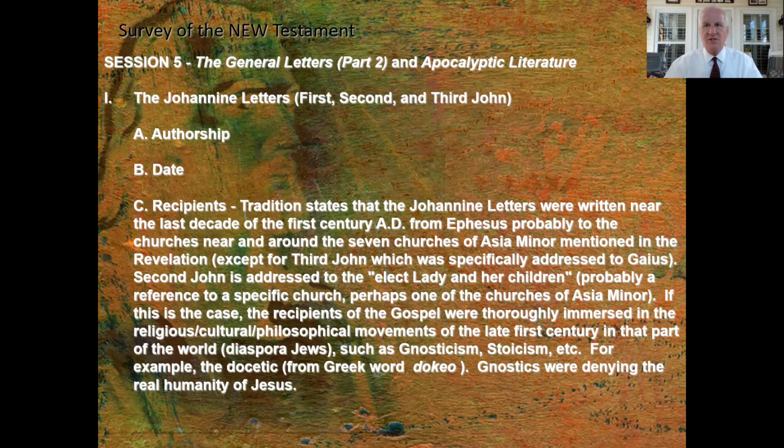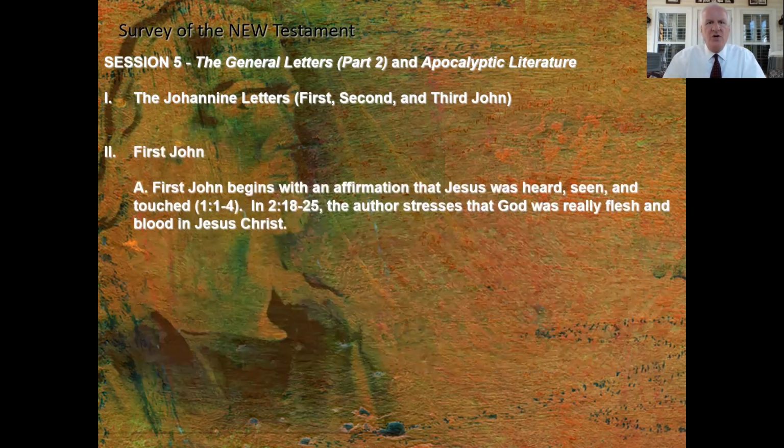Gnostics were denying the real humanity of Jesus. Gnostics were basically saying Jesus could not be God and be really human. First John begins with an affirmation that Jesus was heard and seen and touched, probably to refute the Gnostic claims that Jesus only appeared to be human, that he was actually human enough to have been heard and seen and touched.